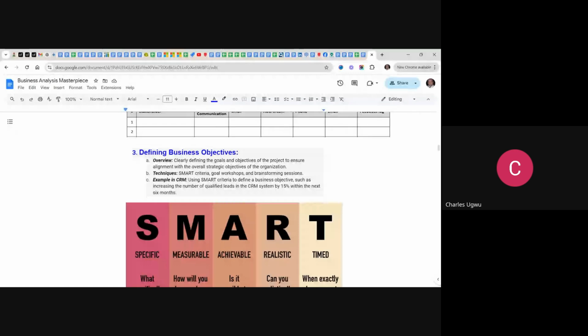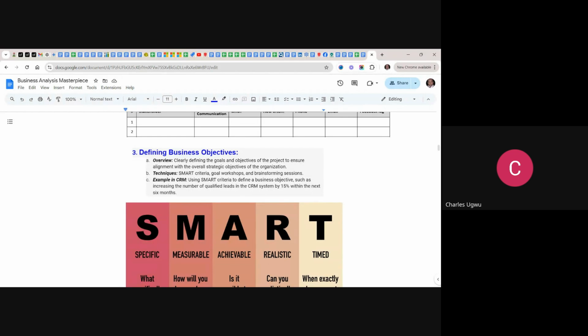We're going to proceed for tonight's lesson, and it is defining business objective as a business analyst. Let's say you as a business analyst are about to start solving a problem, or you want to capture a change or start a project.